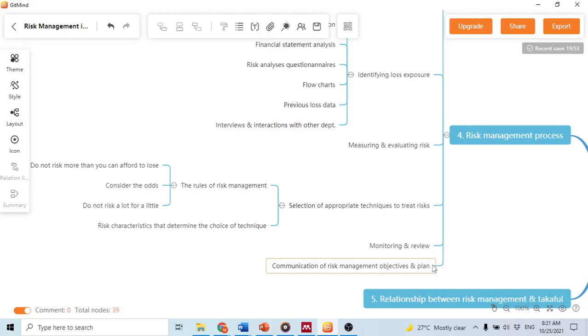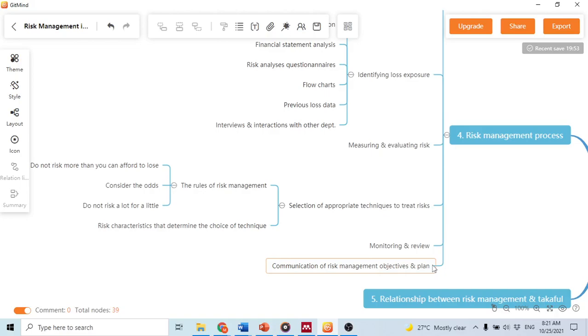Risk management is a continuous process which runs throughout the development and implementation of the organization's risk management strategy. And risk management has to be integrated into the organization's culture. So that's why communication is very important whenever each result has been taken by the management and endorsed by the board of directors.